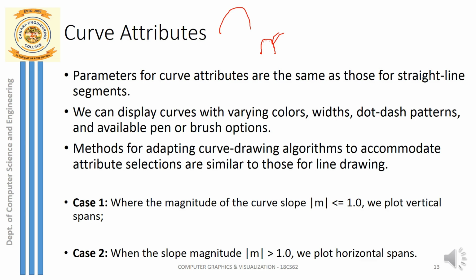Whenever you take a line, it always has a slope, right? If I take an almost horizontal line, the increase in x is more compared to y, so the slope will always be less than 1.